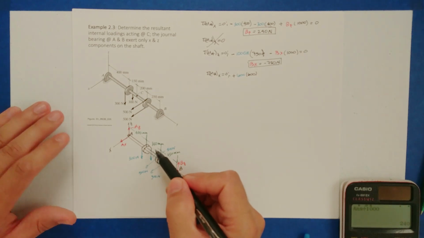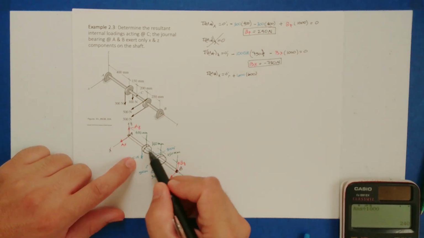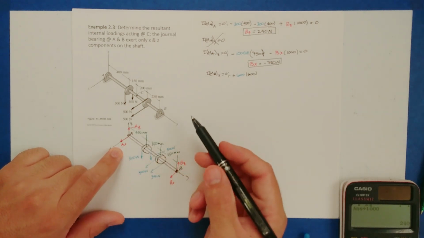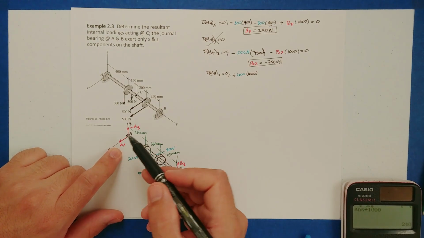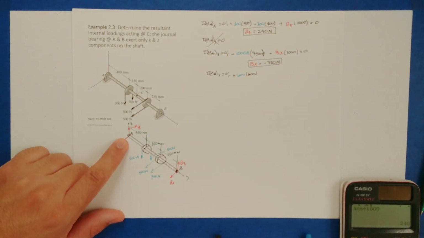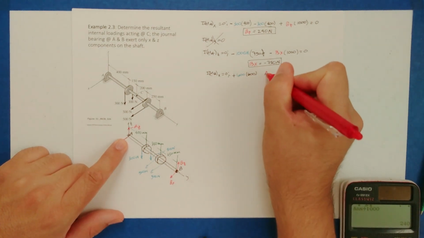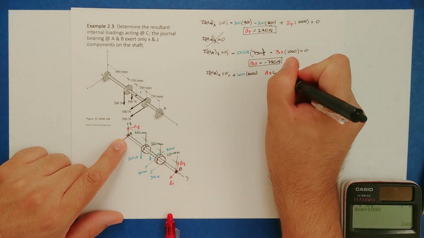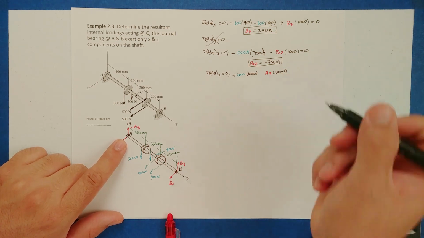And then what do we have after this 300 newton force? Next we have AX and AZ. AX is oriented in the X direction, so it's not going to cause a rotation about the X axis, but AZ will cause a moment. The distance between point A and B is 1,000, so AZ times 1,000.